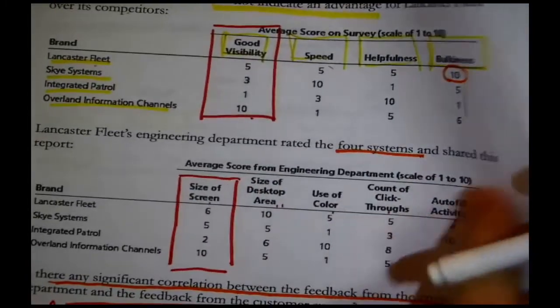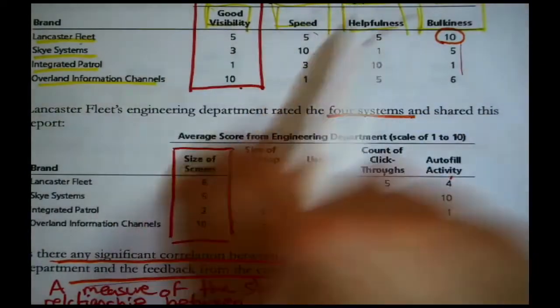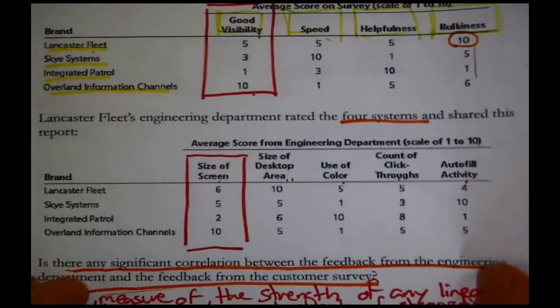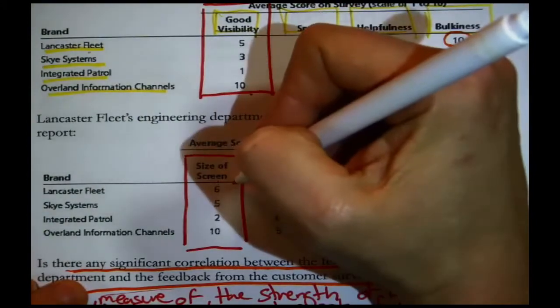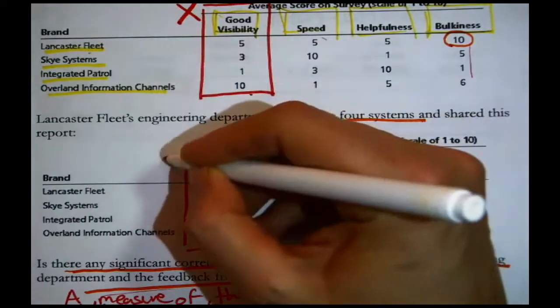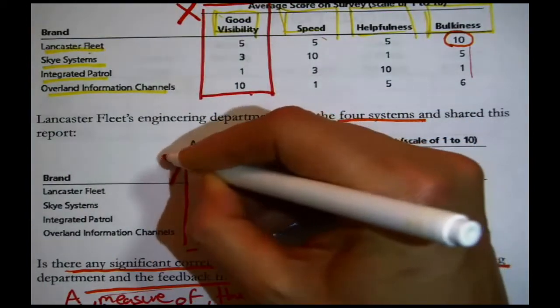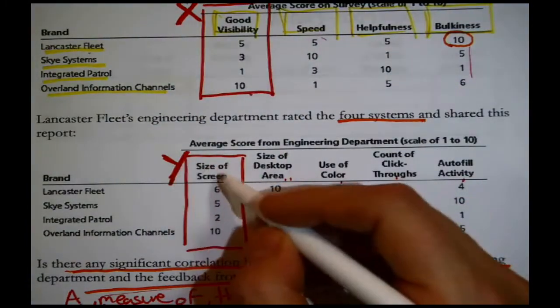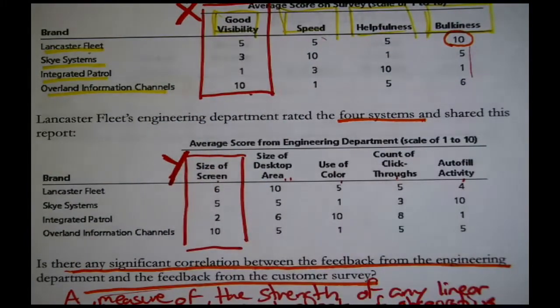That's right here. We need these two sets of data to work on what goes there. One of them is x, one of them is y. In this particular setting, you could take your pick. Why don't we just say good visibility, that's data set x. The scores for size of screen, that's data set y.